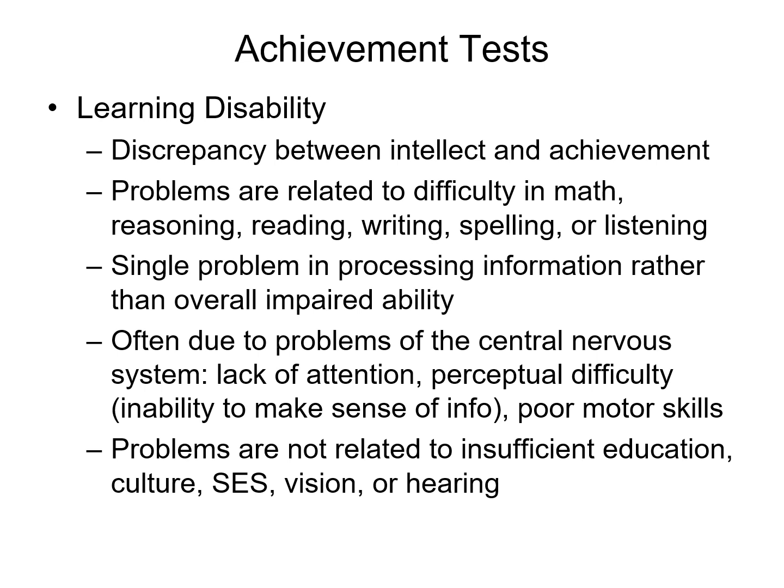For example, my father was dyslexic. He was very good at math, he was very good at listening, and he was pretty good at reasoning. He wasn't very good at spelling, writing, and reading because of an actual central nervous system dyslexia. Problems are not related to insufficient education, culture, SES, vision, or hearing.